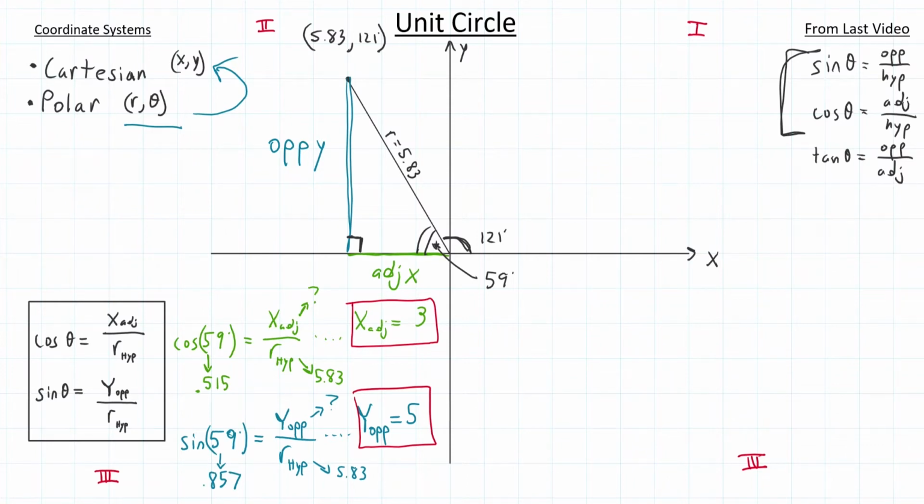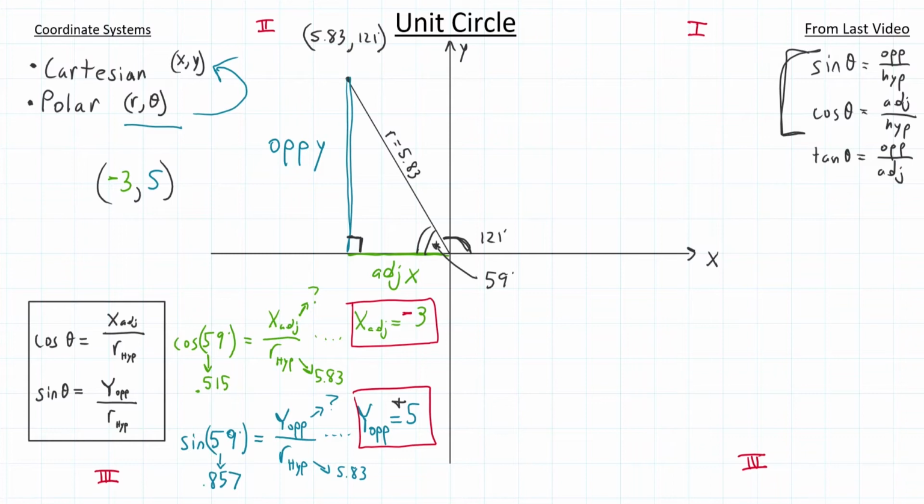So once again, we use the cosine to find the x and the sine to find the y. But if you look at it, the correct xy coordinates in this case should be negative 3 for the x and a positive 5 for the y. Looks like we got the positive 5 for the y, but look, our math got us a positive 3 for the x, when it really should have been a negative 3.